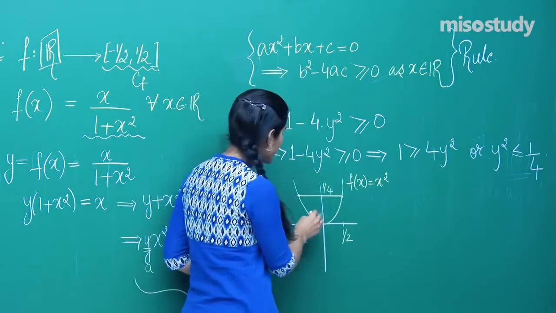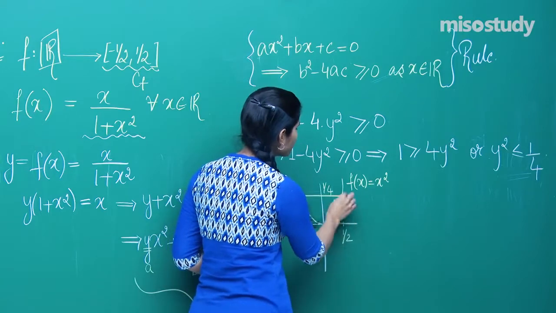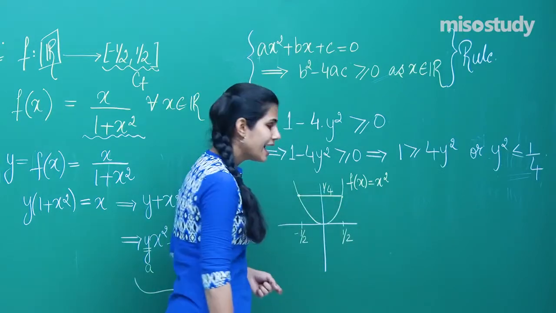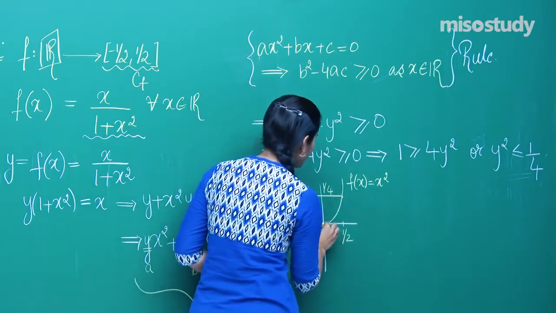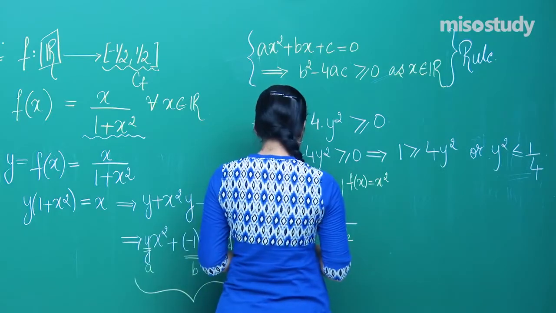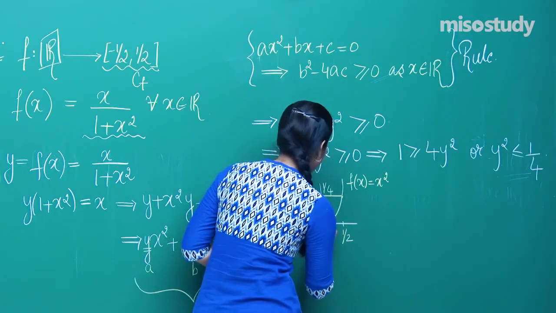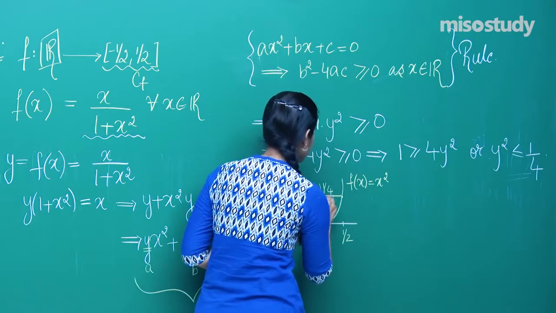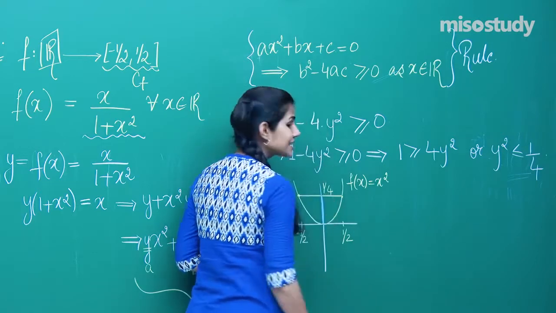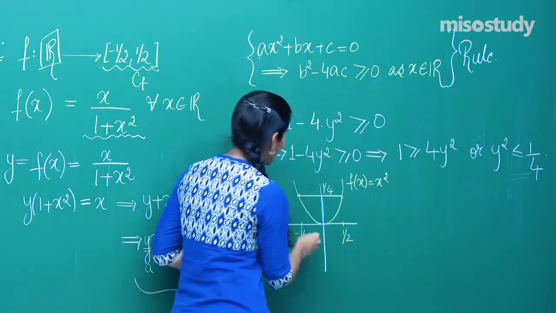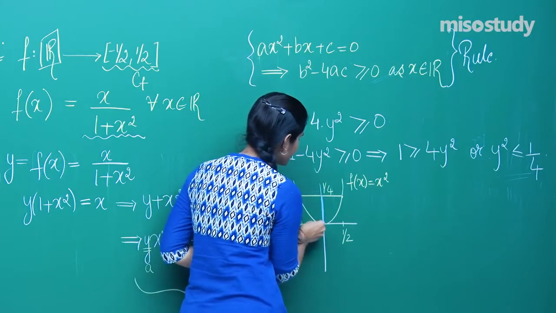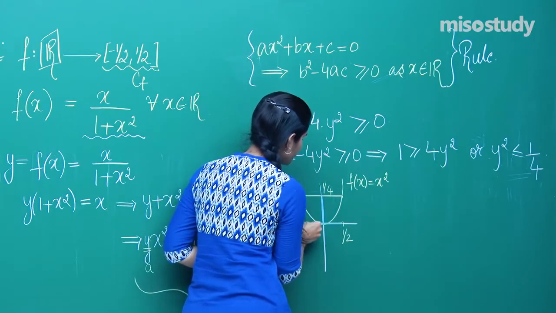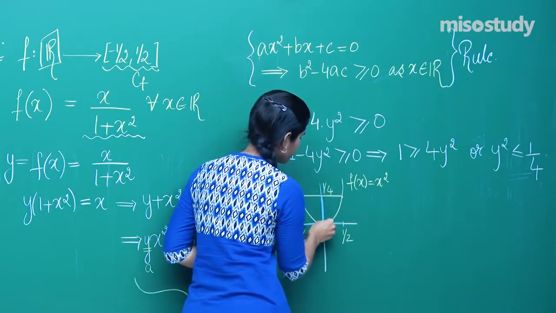Minus 1 by 2 square is also 1 by 4. 1 by 2 square is also 1 by 4. And that means if I want the values of y to be between 0 and 1 by 4, this can only happen when the values of x are between minus 1 by 2 and 1 by 2.